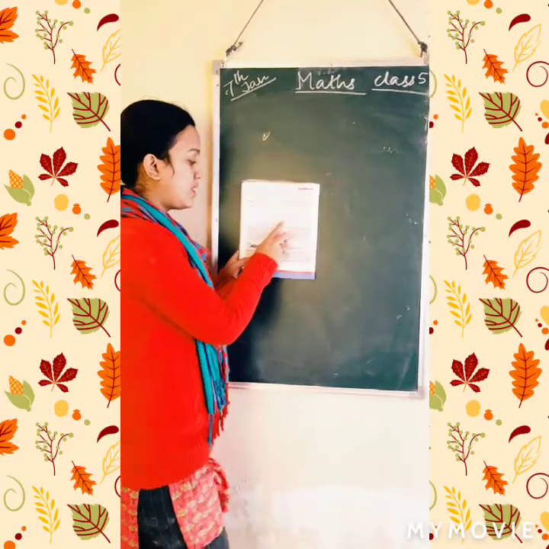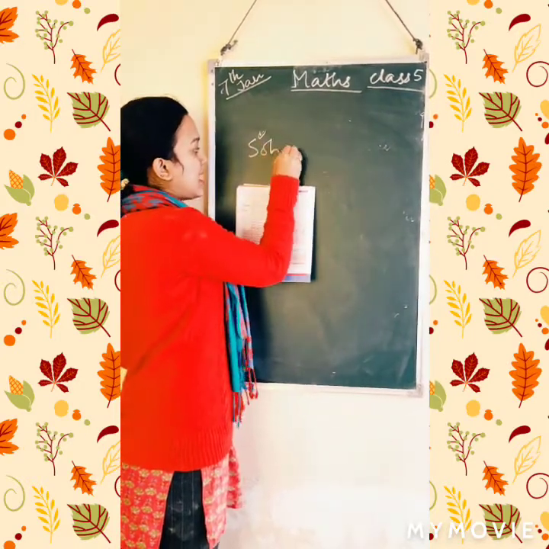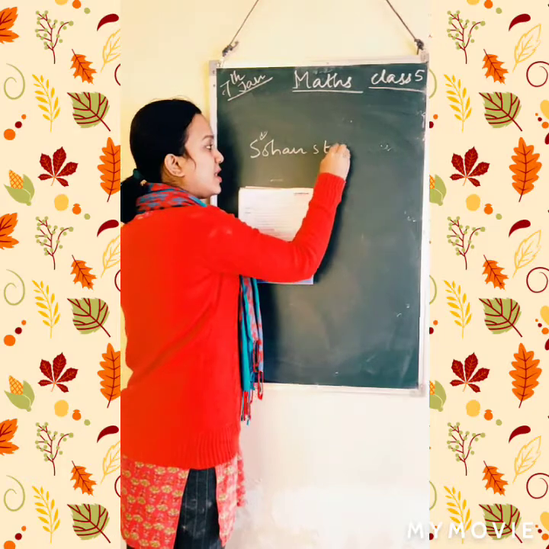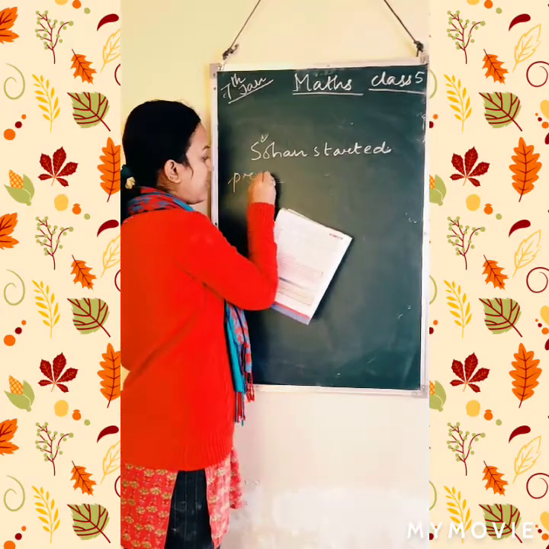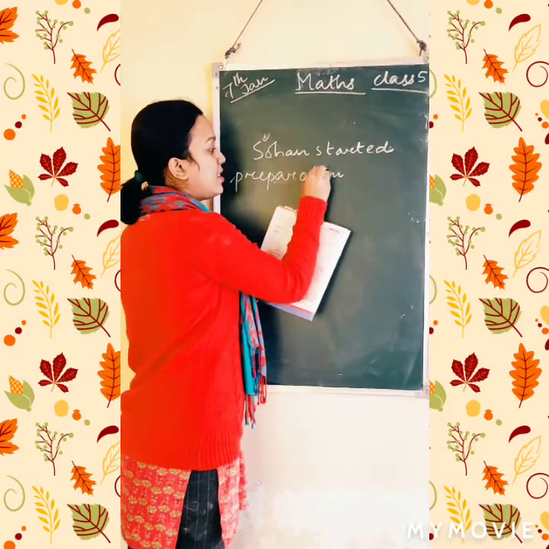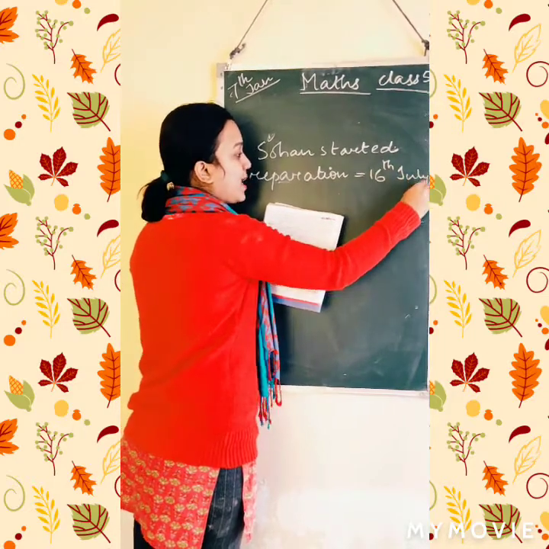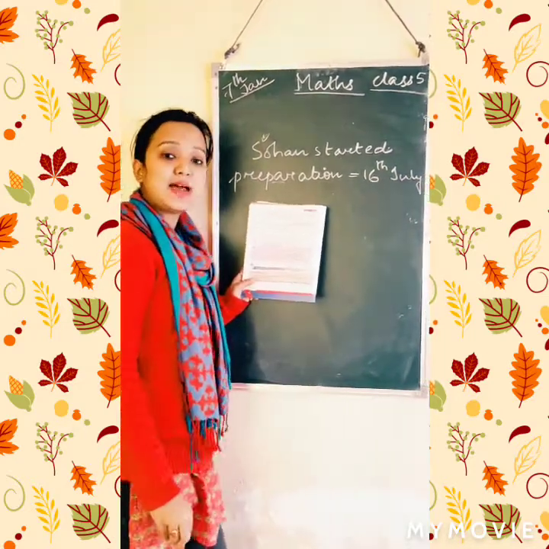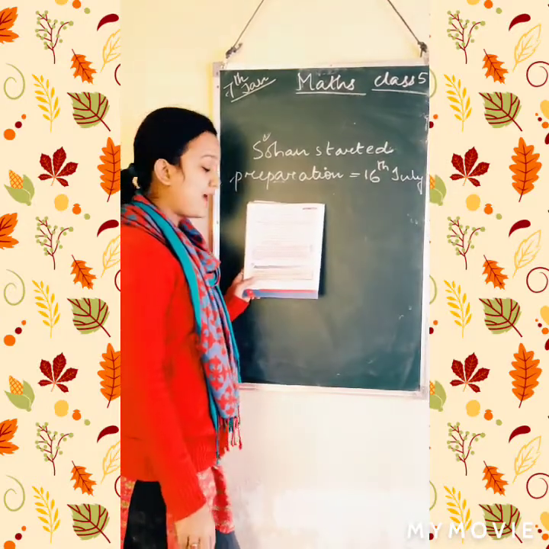Now you see one thing. Sohan started preparation on 16th of July. That means 16th of July. Now his exam is scheduled 25 days later. 25 days later.